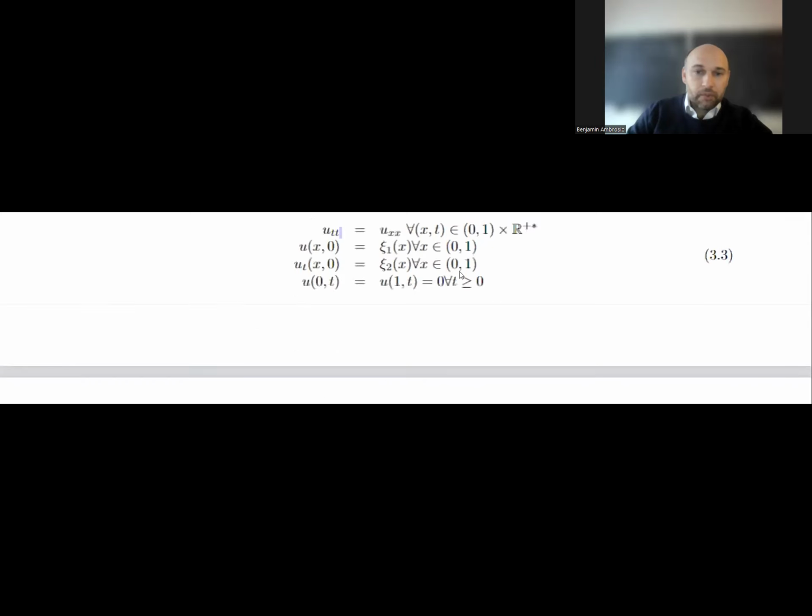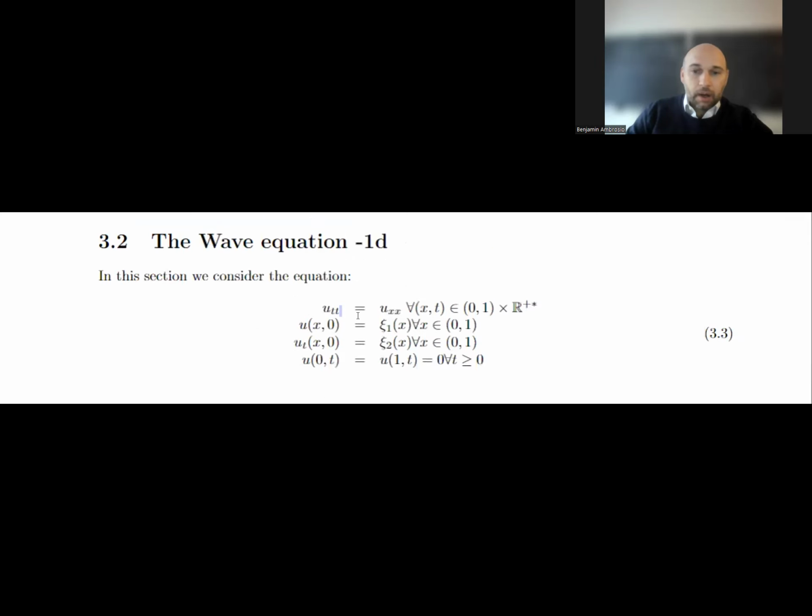First, we have this theorem which says that if A generates a semigroup, then the semigroup satisfies the differential equation. So it satisfies S prime, with prime the derivative with respect to t, equals A S of t.